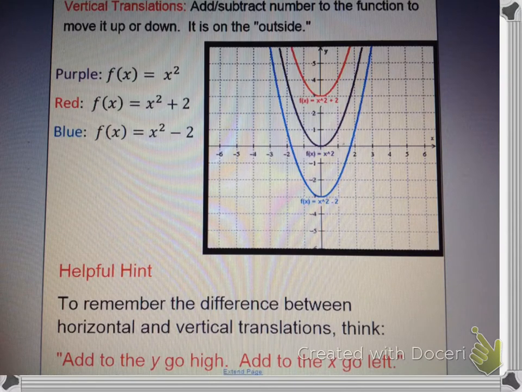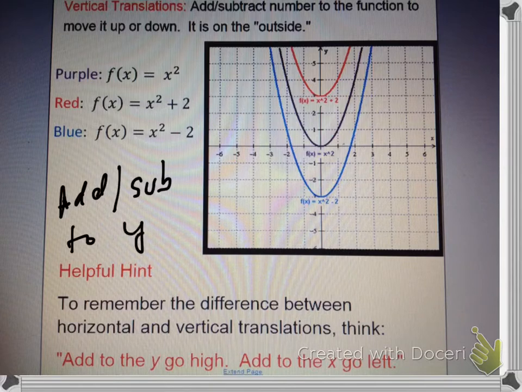Vertical translations. We're going to add or subtract a number to the function to move it up or down. So here, we're going to add or subtract to the y. What does that mean? It's not as obvious as adding or subtracting to the x.